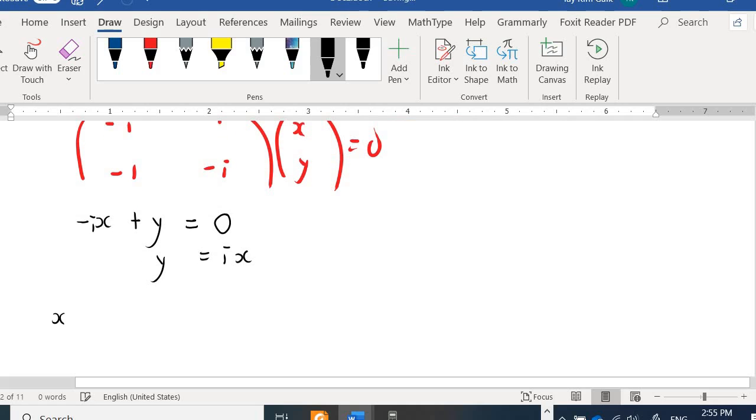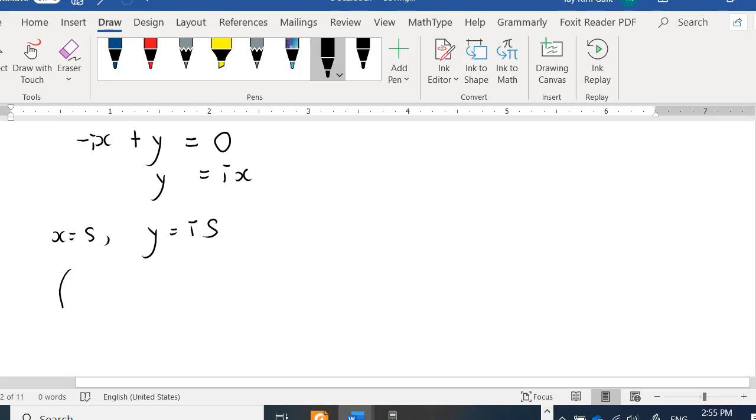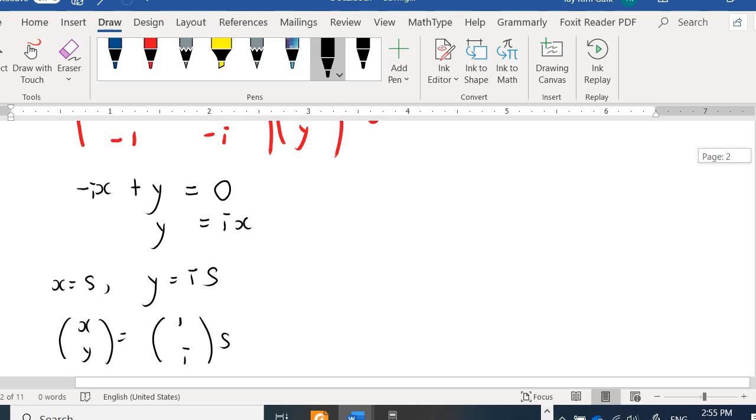Now I let x equal to s, so y equal to is. Then your x, y: x is 1 times s, y is i times s. So if you're confused, just take any row only.